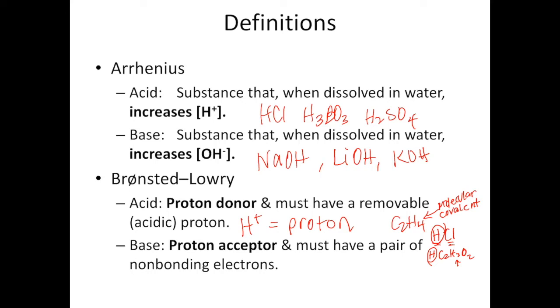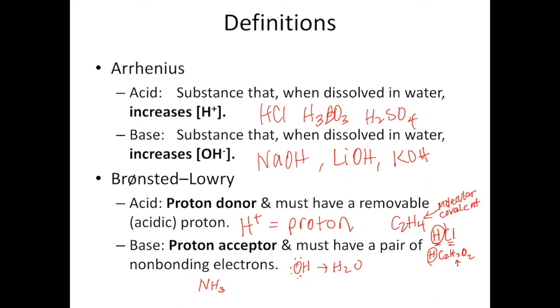So when that acid releases that proton into solution, that base is going to have a way to attract it, to soak it up. One way is if you have OH in solution, you're going to form water. That oxygen has some non-bonding electrons that are happy to accept a proton.